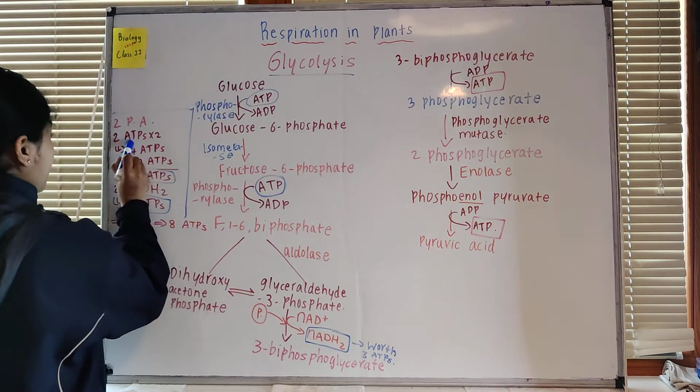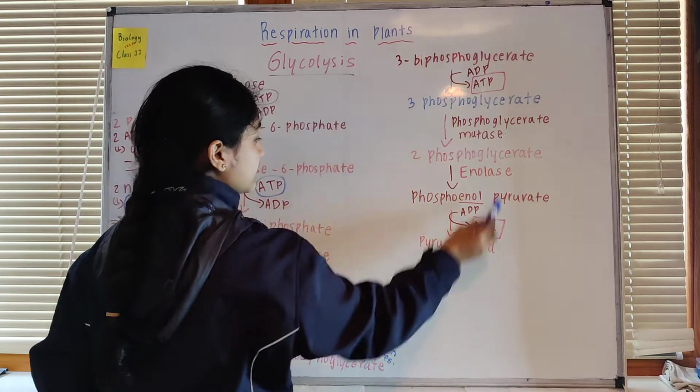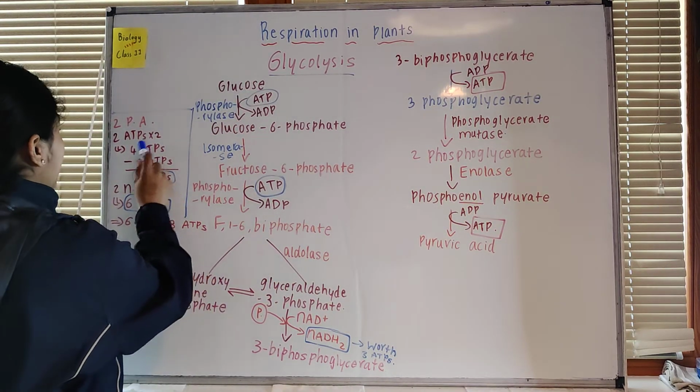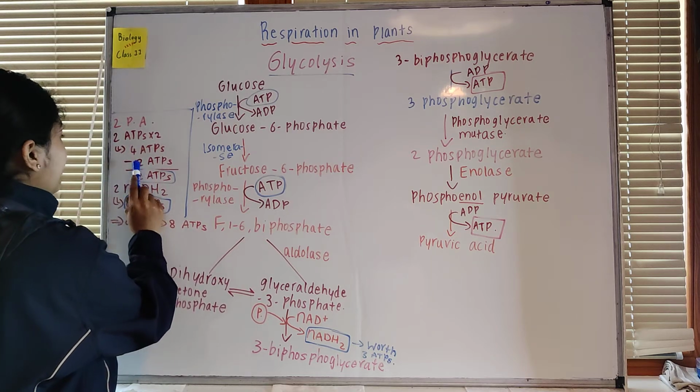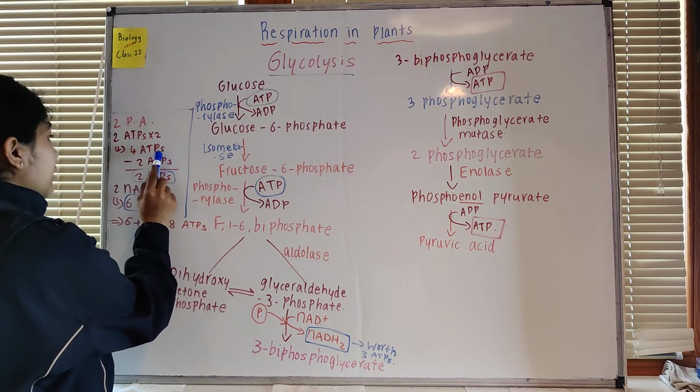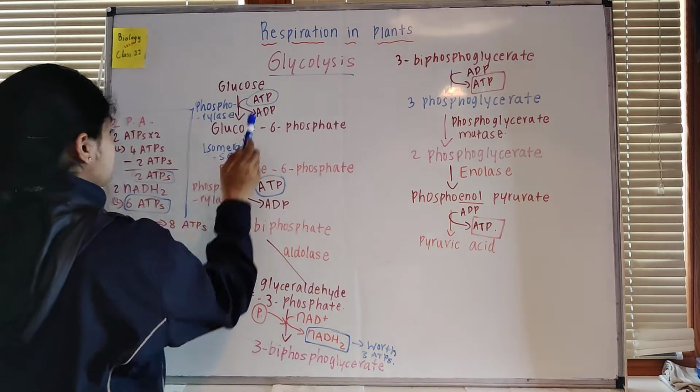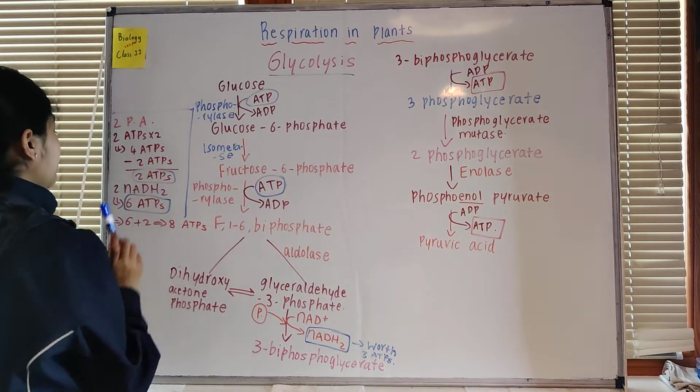ATPs: we have 2 ATPs here, this one and this one, and we multiply by 2 because it happens 2 times, which gives us 4 ATPs. And why did we subtract 2 ATPs from 4 ATPs? Because we have invested them in these reactions, and again we are left with 2 ATPs.